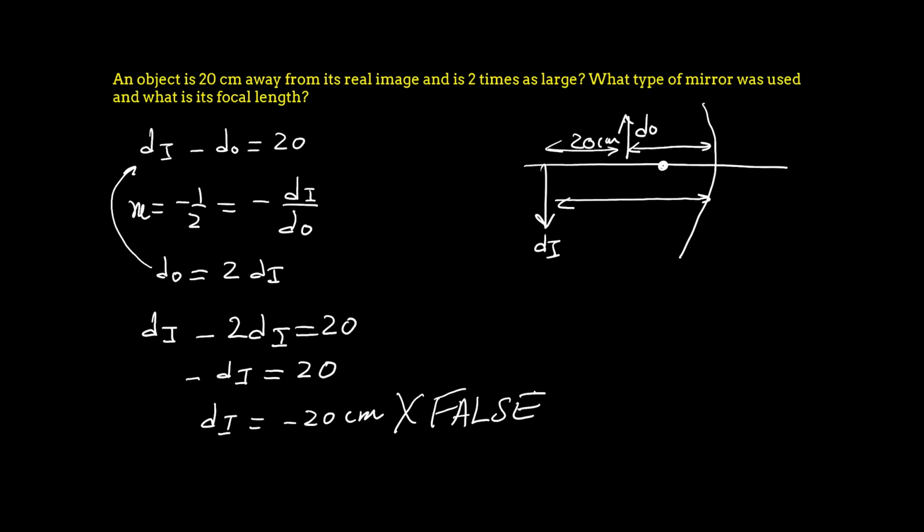Because we said, first of all, it's a real image, so the DI has to be positive, and here we came out negative. What this is telling me is the image is over here, which is not correct, because it's a real image. So this scenario will never happen.